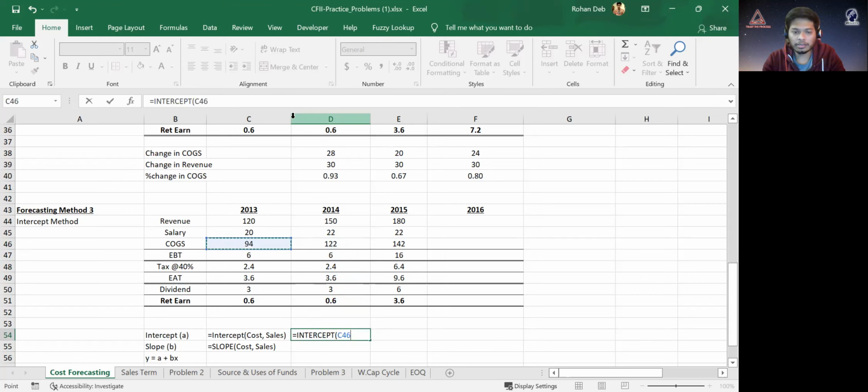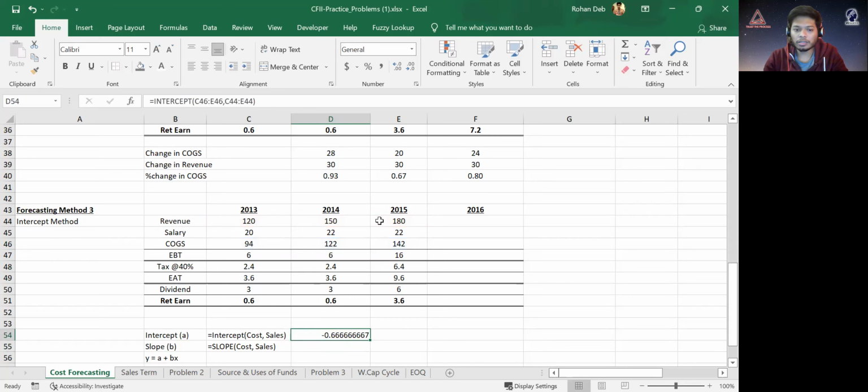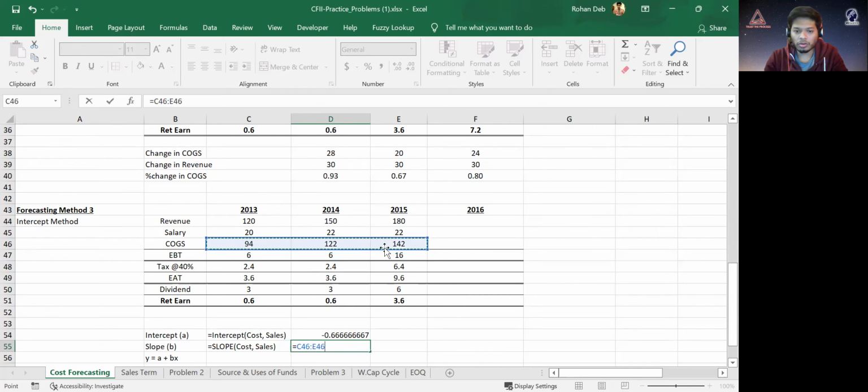You take the 3-year cost, then comma, and then take the 3-year sales and close the bracket. You'll get the intercept value. Again, take the slope. For the slope, again take the cost and take the sales.